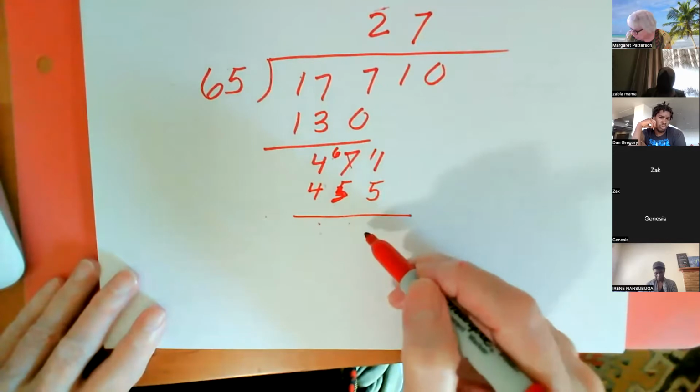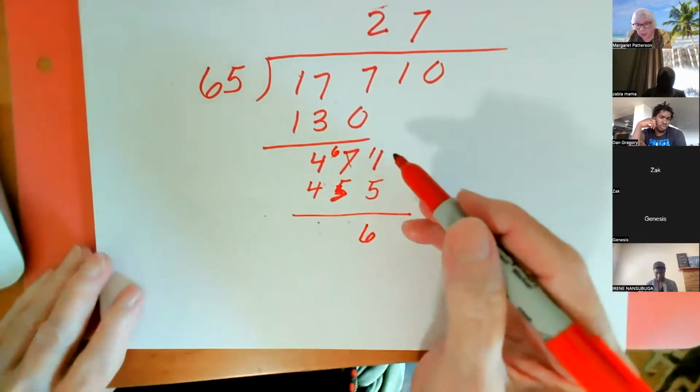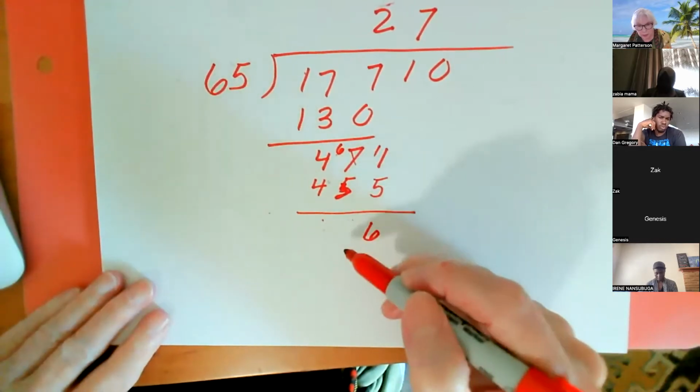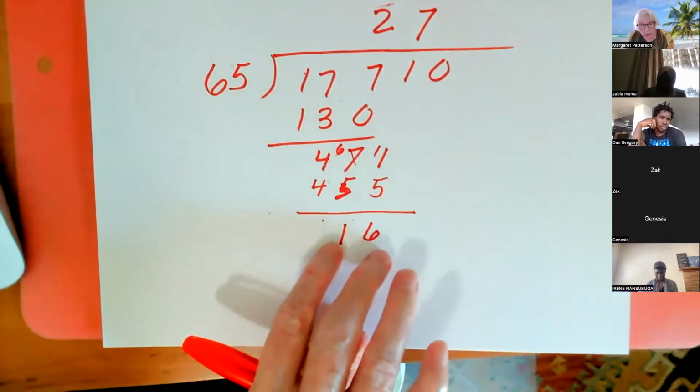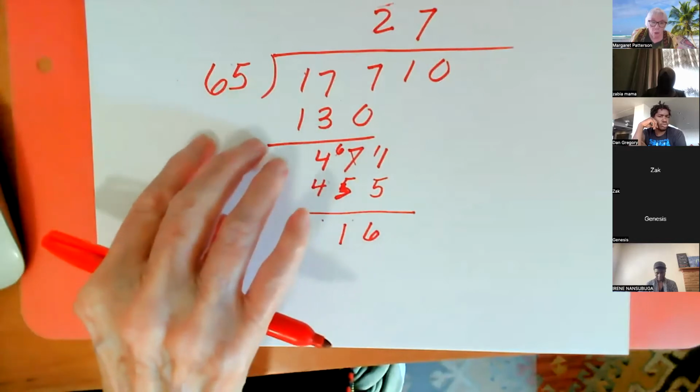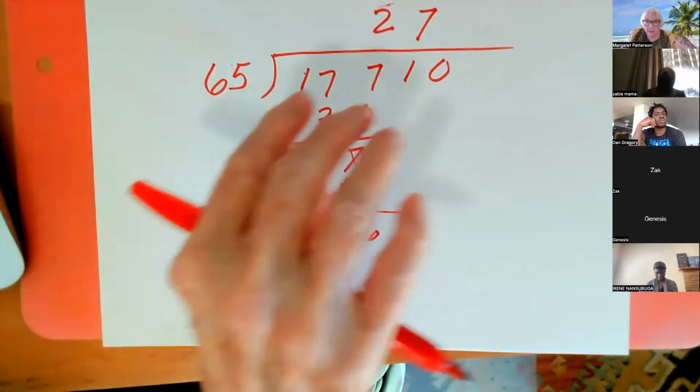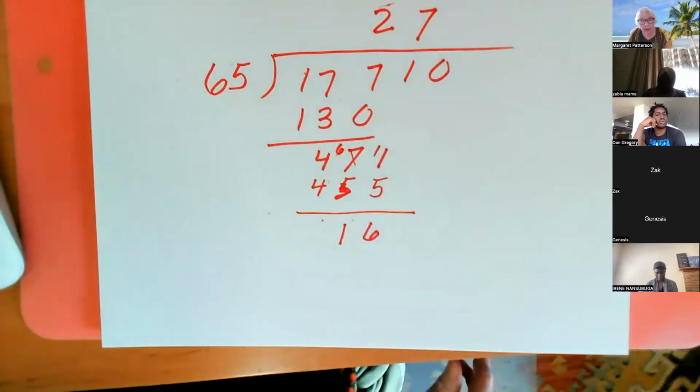So 11 take away 5 is 6. And when we borrowed, 6 take away 5 is 1. Do you see? And this is 0 here. So 16 is smaller than 65. This was the correct choice. And so it won't work every time, but within one, it was just slightly off and we fixed it.